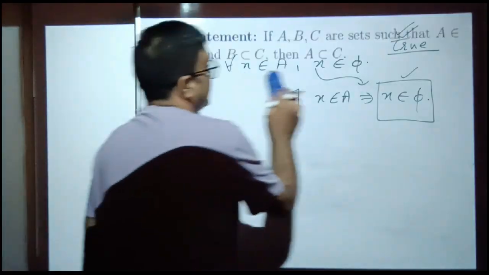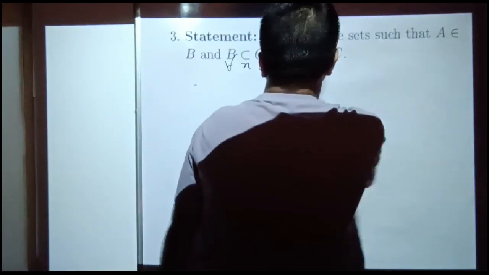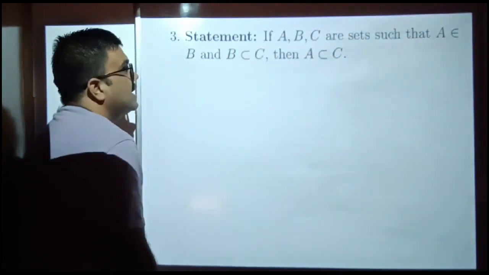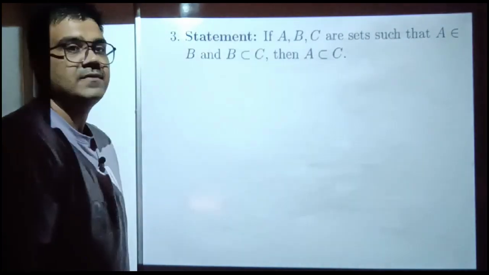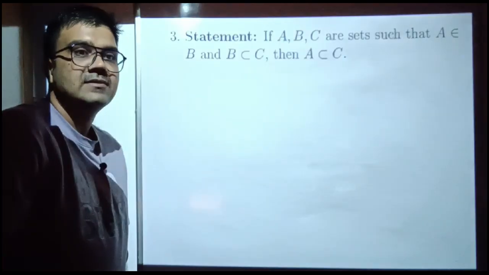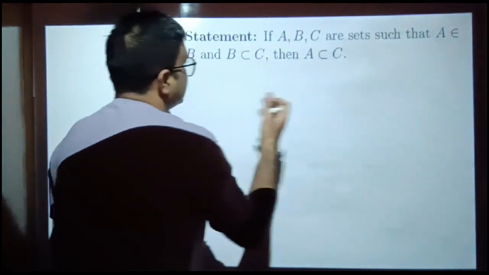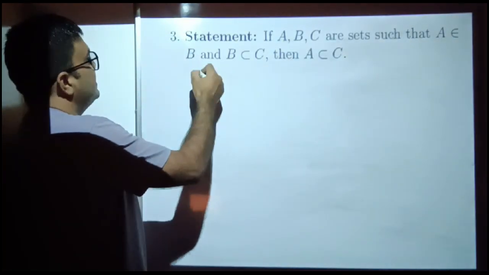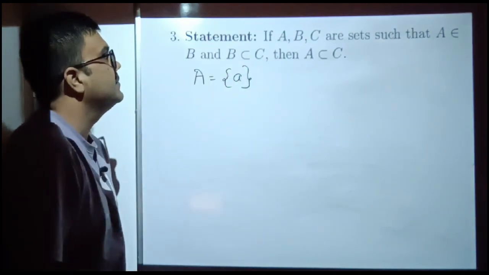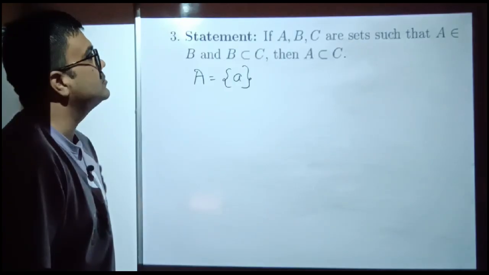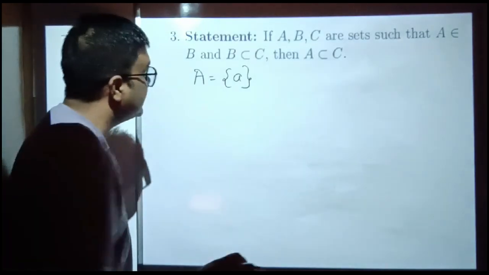Next is, if A, B, C are sets such that A belongs to B and B is a subset of C. So these are the conditions. Let us try to create some set. We have three sets. The first set we are considering, suppose it has an element A and we are given that A belongs to B. Now be very careful over here.